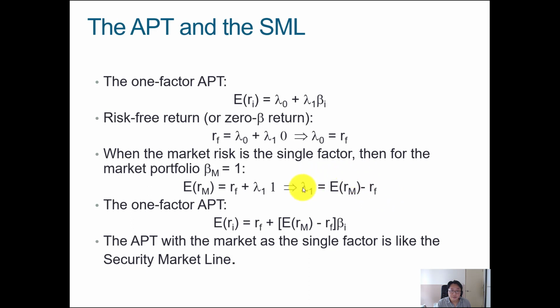So a one factor APT, where that one factor is the market risk factor, gives us this equation: expected return equals the risk-free rate plus beta times the market risk premium. This looks a lot like the security market line and the CAPM, whereby you're compensated for taking on factor risk.